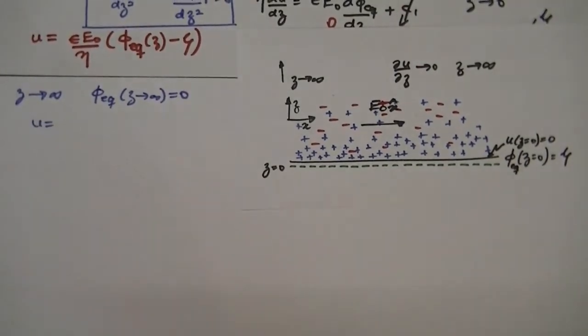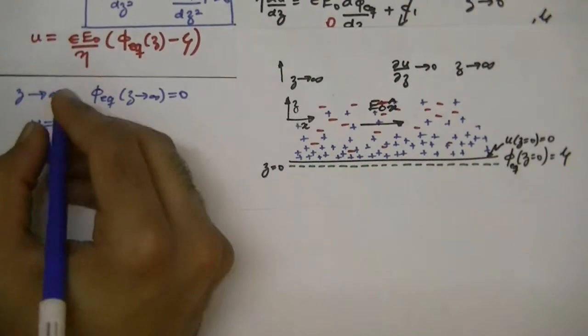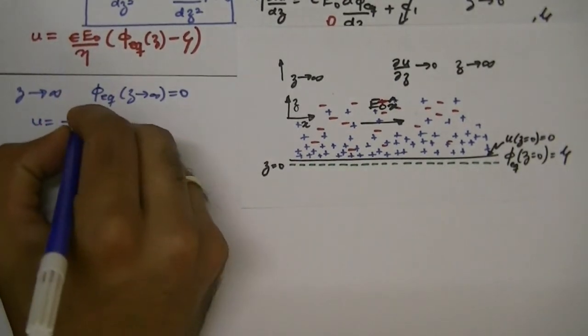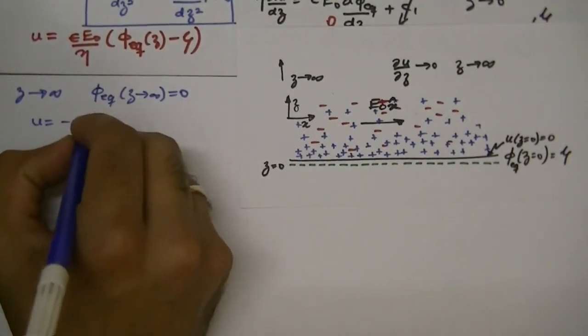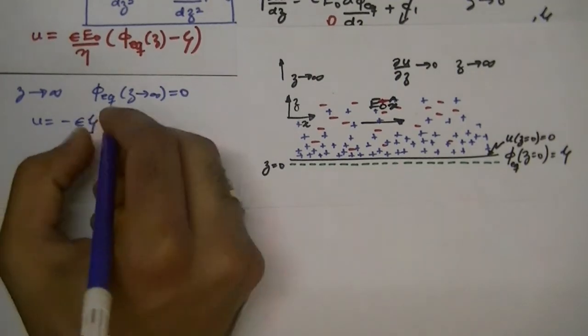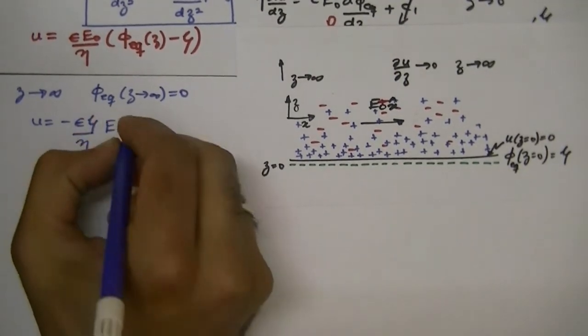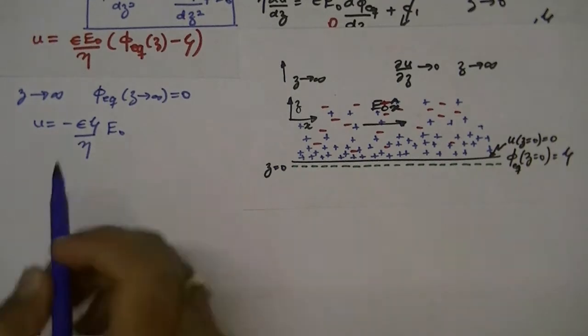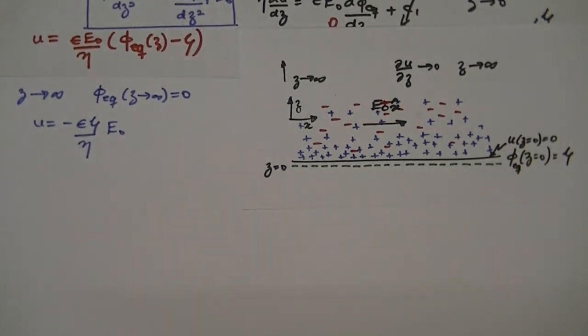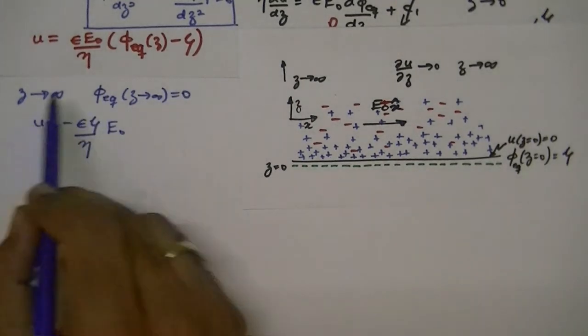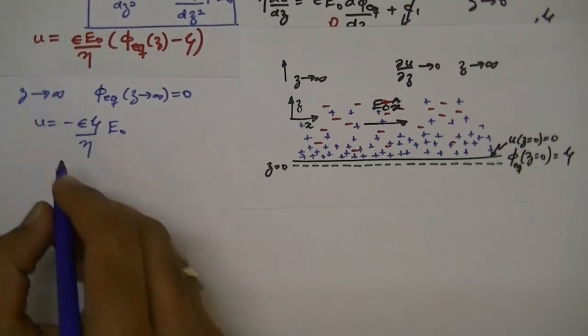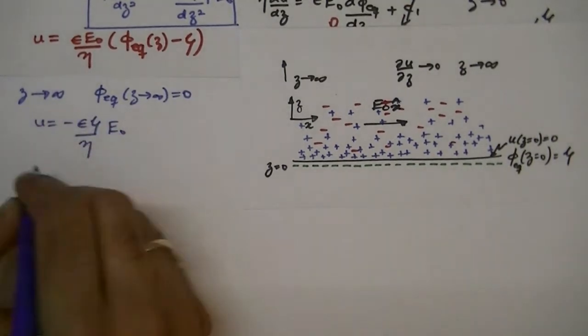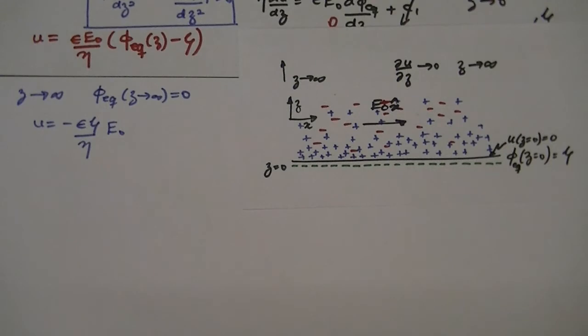So the flow velocity outside the electrical double layer is given by minus epsilon zeta over eta times E naught. This is the velocity that is attained by the fluid outside the electrical double layer, and again this is true for any limit of the zeta potential. So we have not restricted ourselves to low zeta potentials.